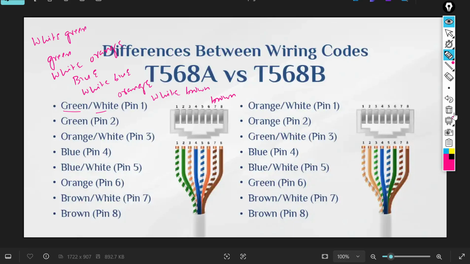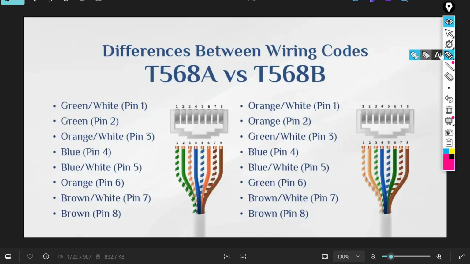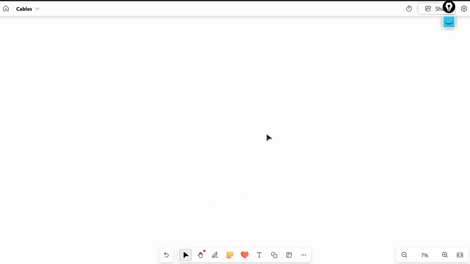Okay, I will write again on my whiteboard. Don't get confused here.